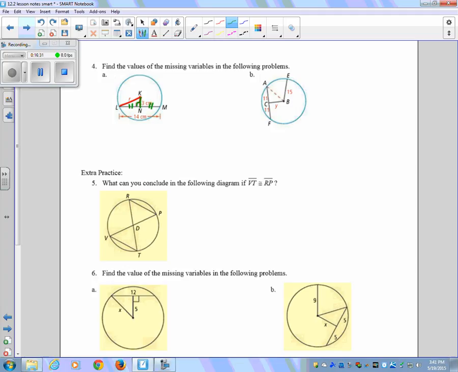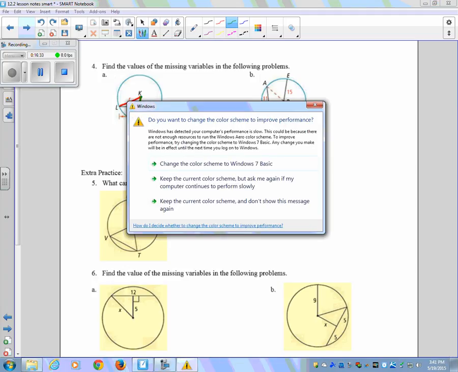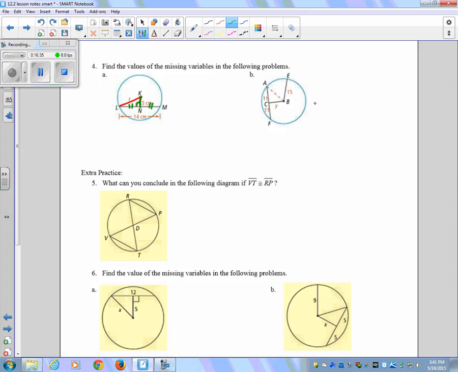Since it's a right angle and it goes through the center, it's getting bisected. So if LM is 14 and we know it's bisected, this has to be 7 and that has to be 7. So we can do 3 squared plus 7 squared equals r squared to find the radius.